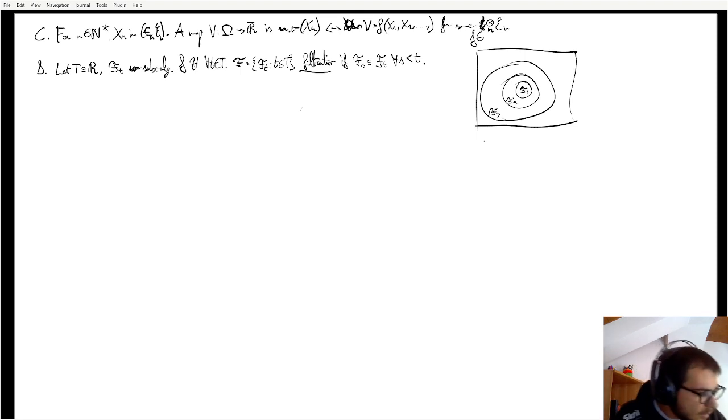Okay, and one very important example of filtration is the filtration generated by a process.